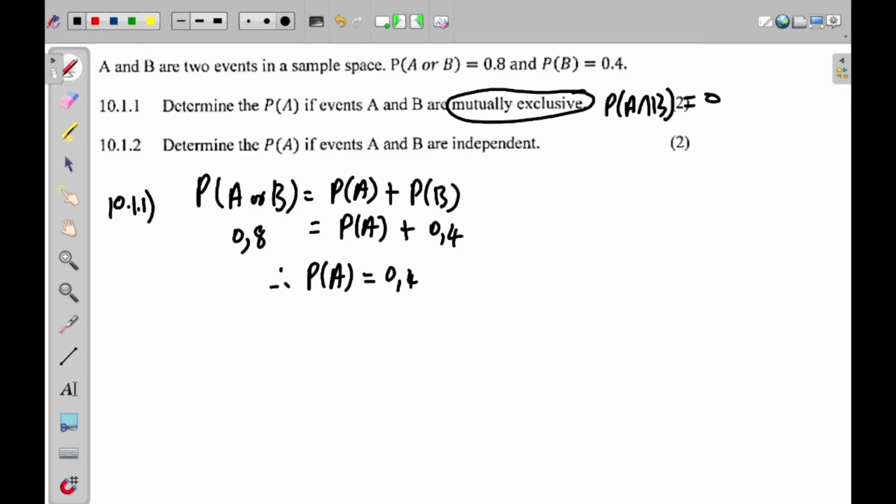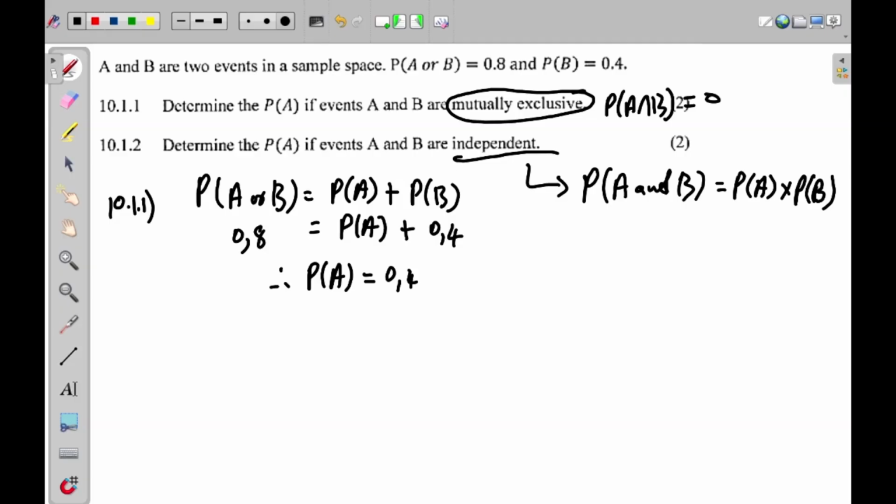10.1.2. Find the same probability of A if the events are independent. So yesterday, we established something, that when events are independent, let's write it down. When events are independent, then probability of A and B is actually equal to the probability of A times the probability of B. That's what we established.